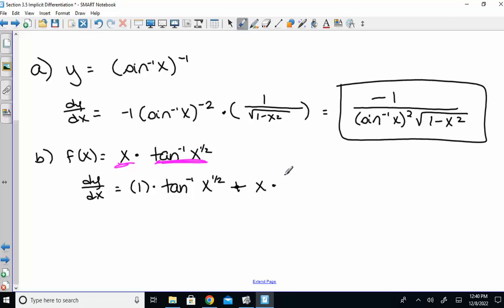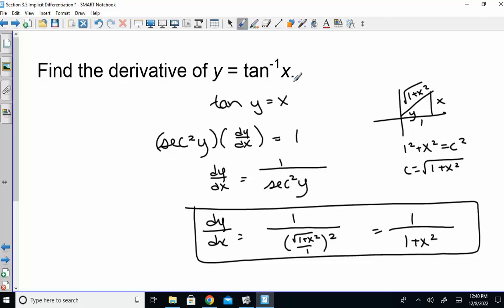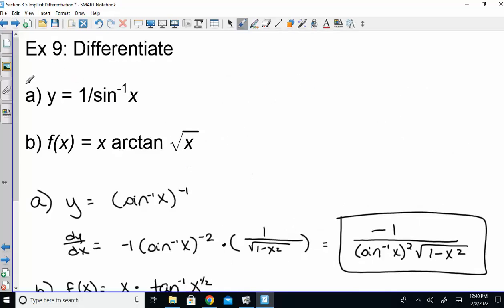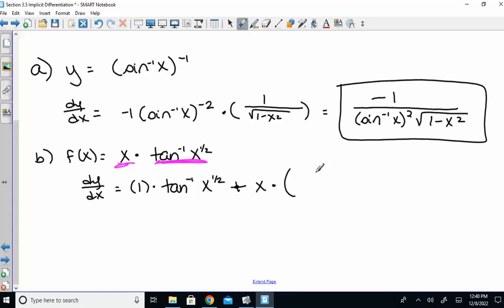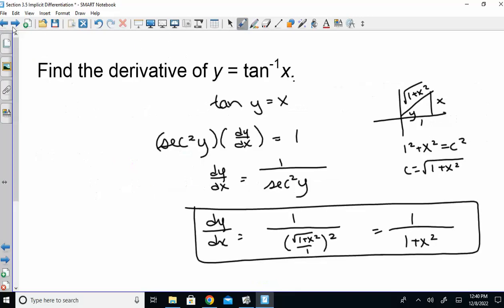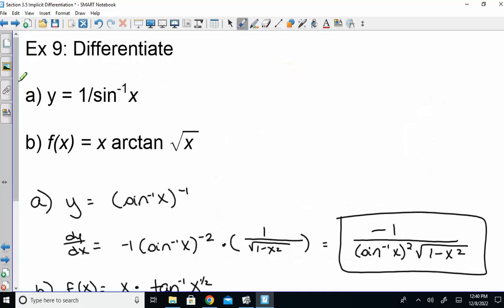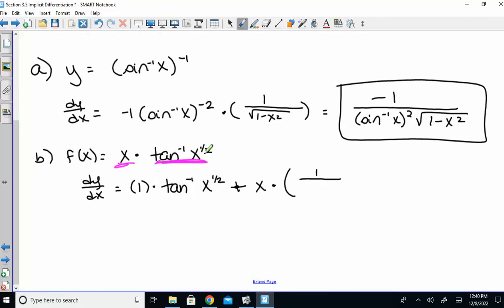So this is not tangent to the negative 1, it's tangent inverse. And we found the derivative of tangent inverse is 1 over 1 plus x squared. Now we have to be a little bit careful. In this formula, x is representing the angle. What's my angle here?